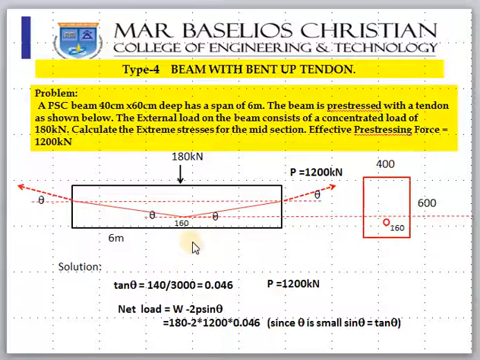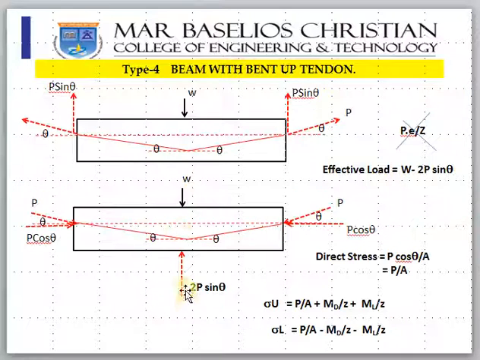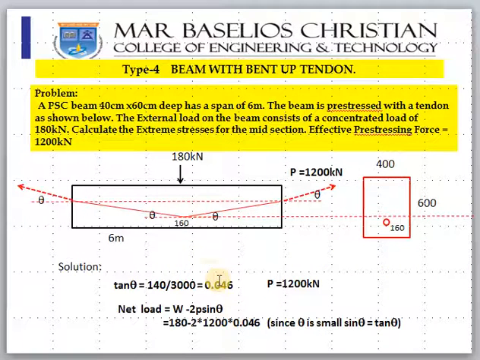Since theta is very small, sin theta can be taken as tan theta. Your net load, because the load is acting down and 2P sin theta, as we discussed before, acts in the opposite direction, will be 180 minus 2P sin theta.